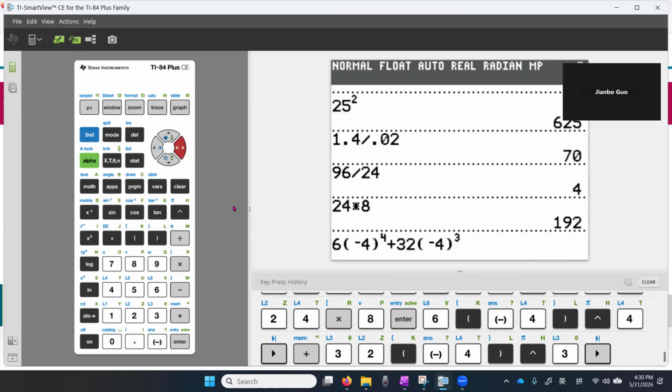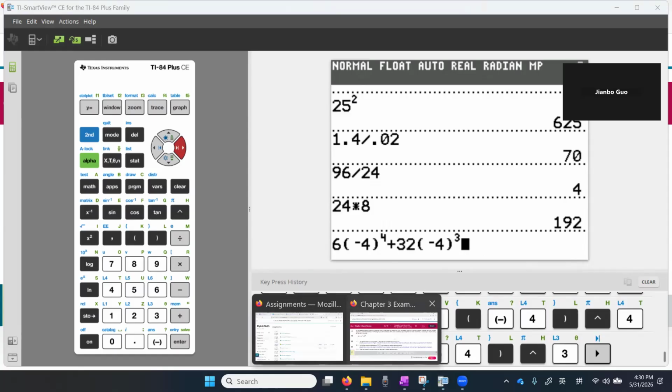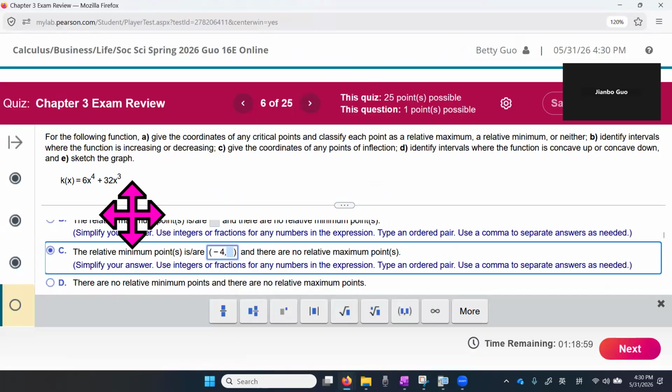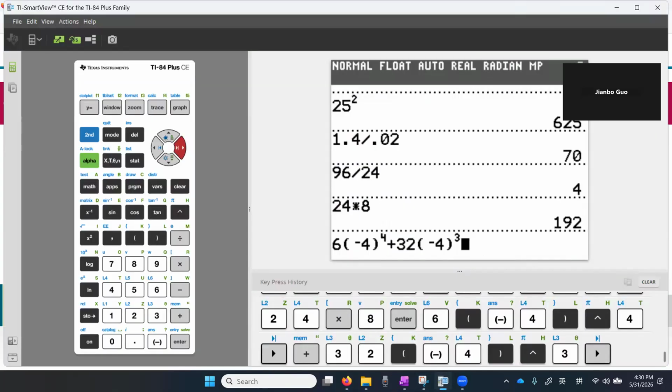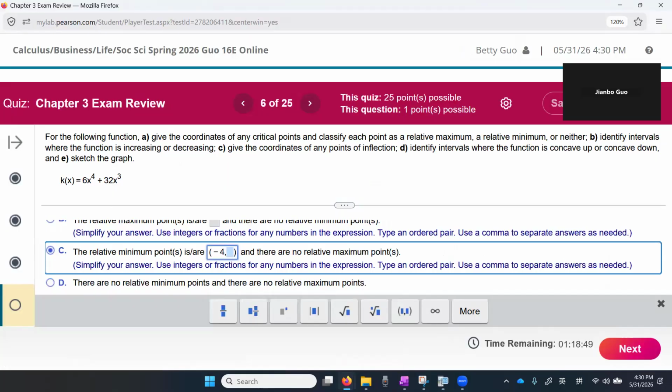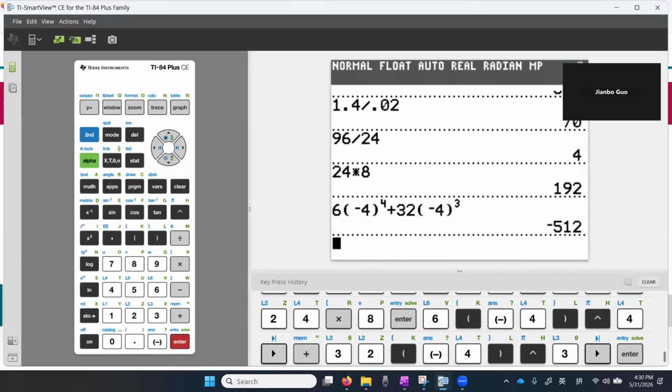Sometimes I'd rather use a calculator than scratch paper to calculate those things. At negative 4, it's negative 512.